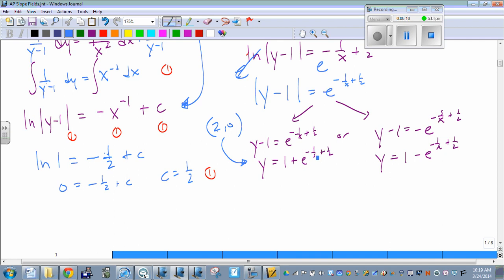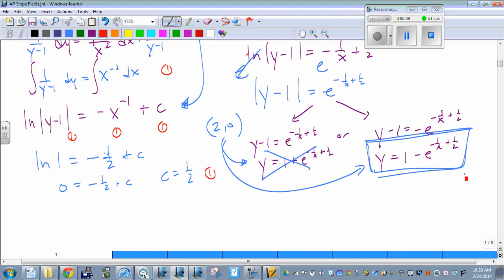I'll put 2 in here, we get negative 1/2 plus 1/2 is 0. e to the 0 is 1. 1 plus 1 would give us 2, but we want y to be equal to 0. So this one doesn't work. If we put it in here, we get e to the negative 1/2 plus 1/2. So again, it becomes e to the 0, which is 1. 1 minus 1 is 0, and that's what our y value is. So this is our correct answer. And that's our final point for part B.